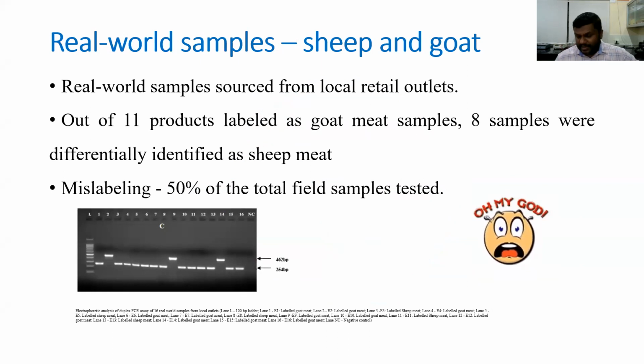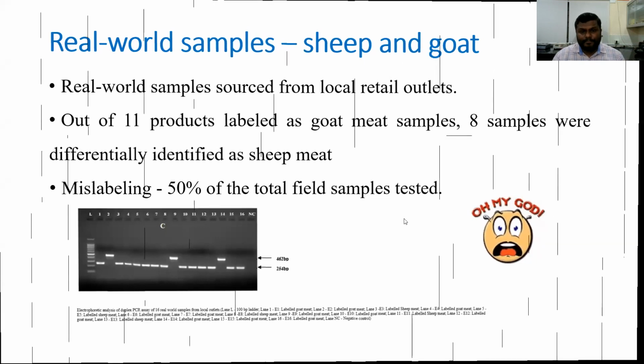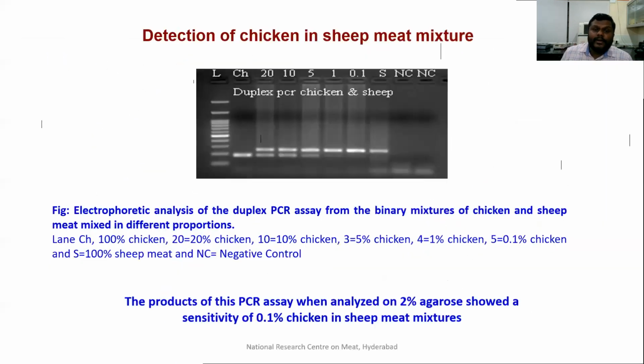So there is a high level of mislabeling in sheep and goat samples, and we have even evaluated the sex of sheep and goat. I can say that mislabeling is very common in these species. Then we developed PCR-based techniques to detect the presence of chicken in sheep meat mixtures.